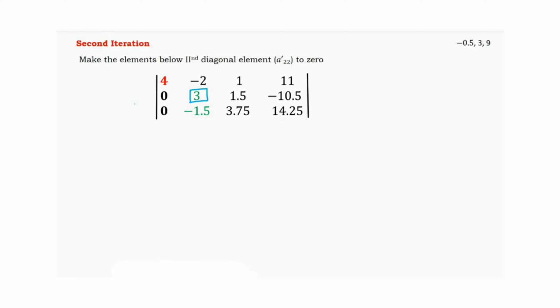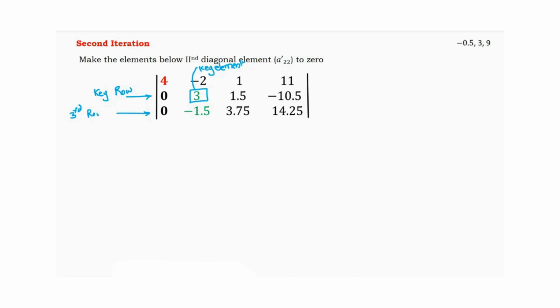Now for the second iteration, this becomes the key row. You will remember here, this is important, and this is referred to as the key element. So this is most important. Now we would like to manipulate the elements of the third row again.